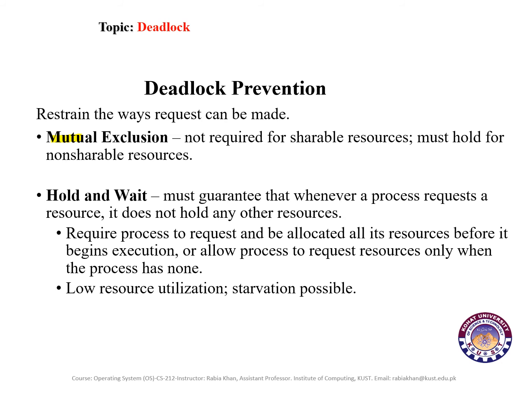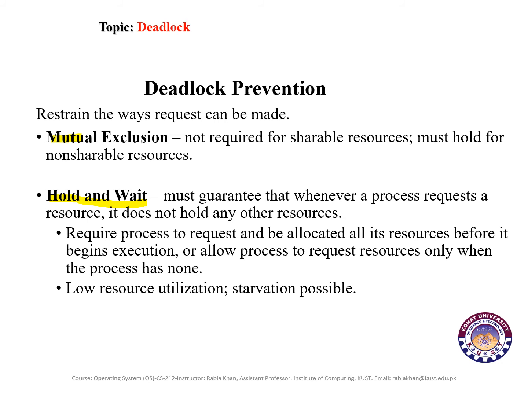The second condition is hold and wait. Hold and wait says a process is holding a resource and waiting for another resource to be assigned to it. How can this condition be prevented?